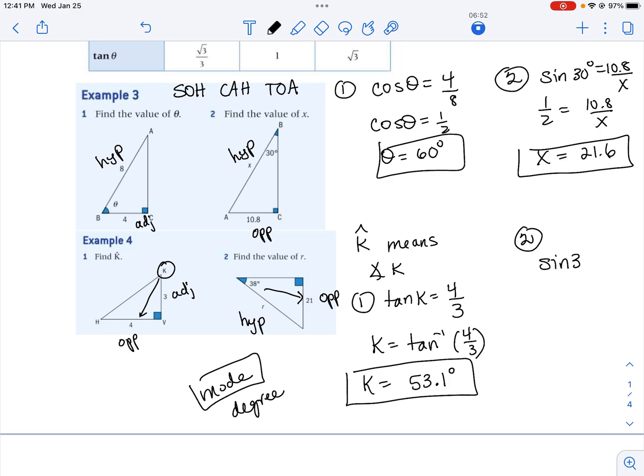So you're going to say the sine of 38 degrees equals 21 over r. You're going to multiply both sides by r, and then divide by sine 38 degrees. So tell me what you get. I'm getting 34.1.